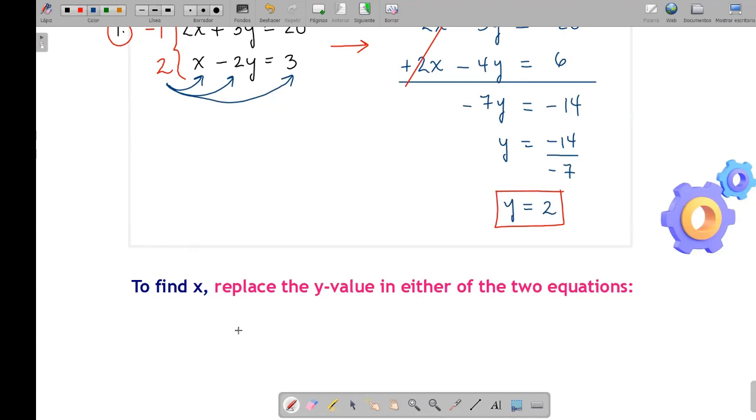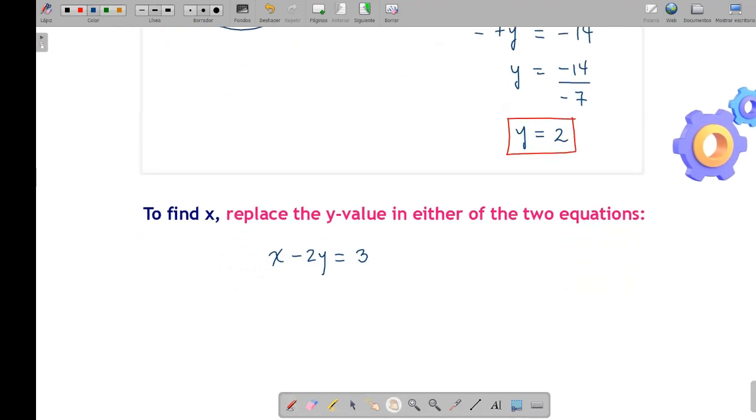So I'm going to write x minus 2y equals 3. I repeat, I chose equation number 2. If you want to choose equation number 1, it's okay, no problem. Now it says replace the y value. Why the y value? Because it was the variable you already got. So I'm going to replace it by 2.